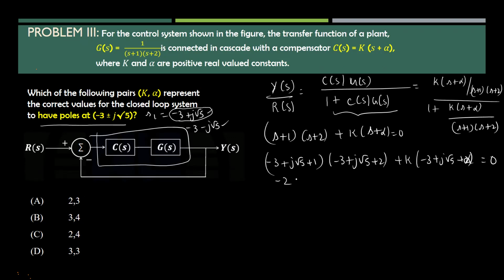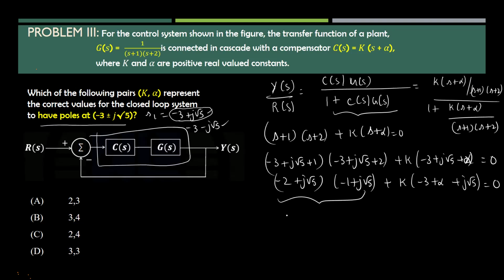Now, this is simplified as minus 2 plus j root 5 into minus 1 plus j root 5, plus k into, taking real parts and imaginary parts separately, minus 3 plus alpha is the real part plus j root 5 is the imaginary part.